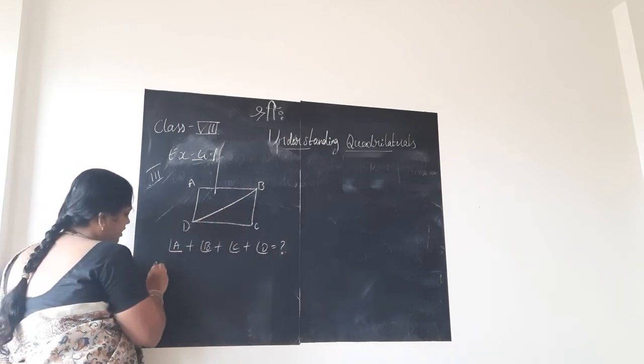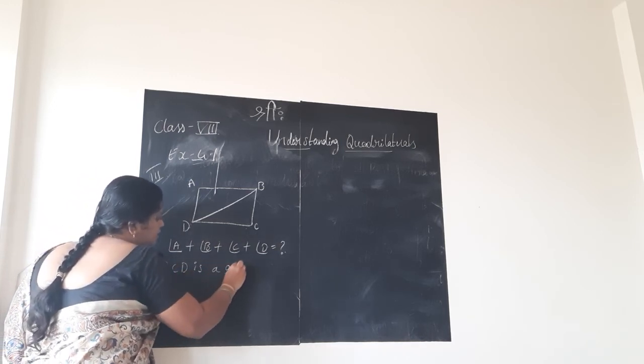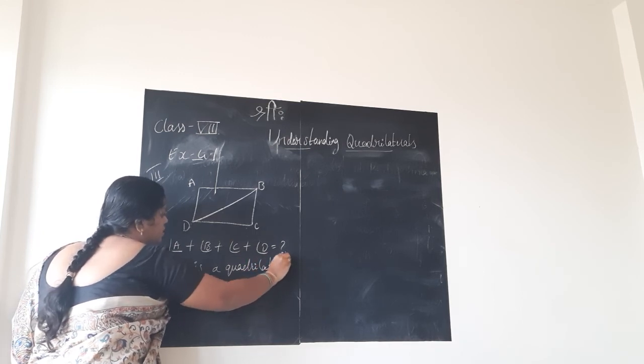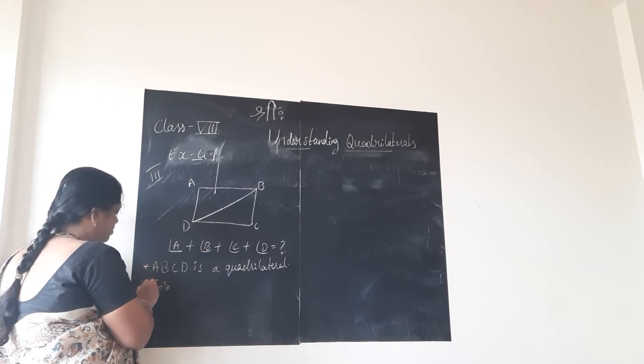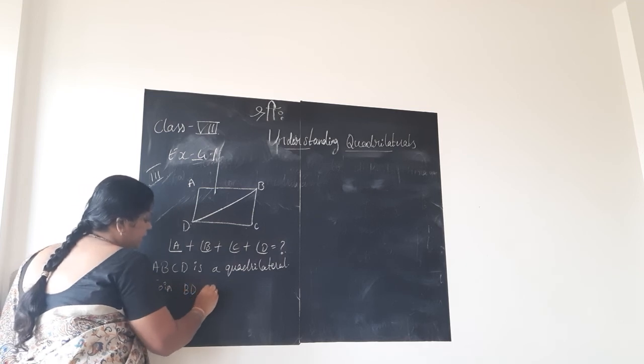So you will write that ABCD is a quadrilateral. Next step, next point, you will make it point wise, you will understand. Join BD.